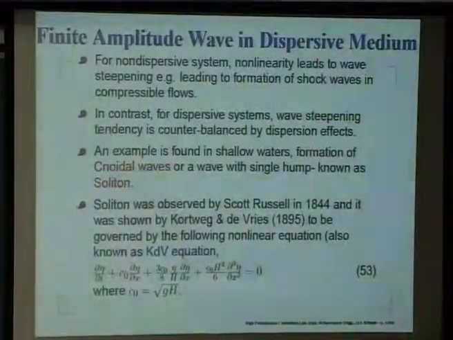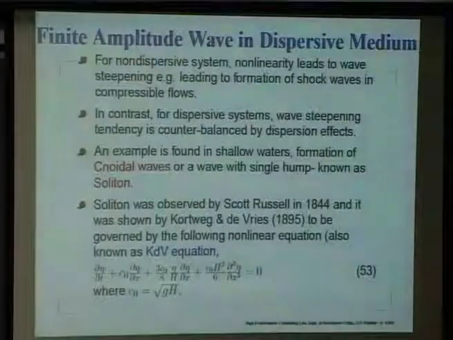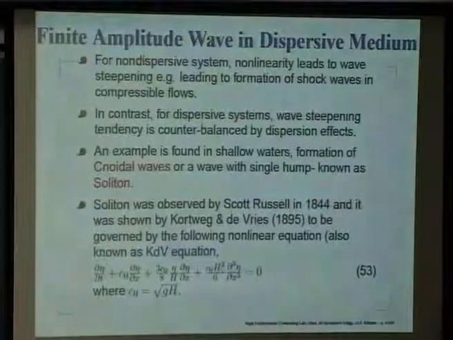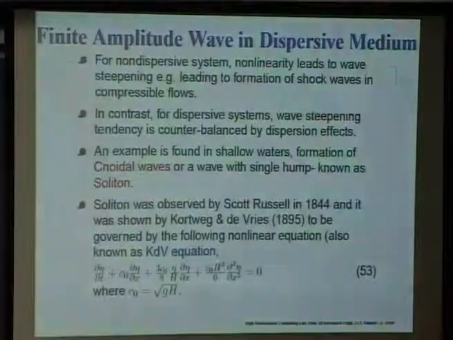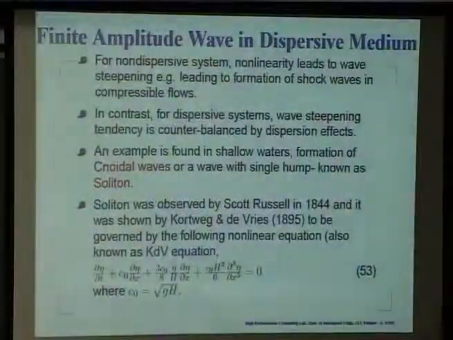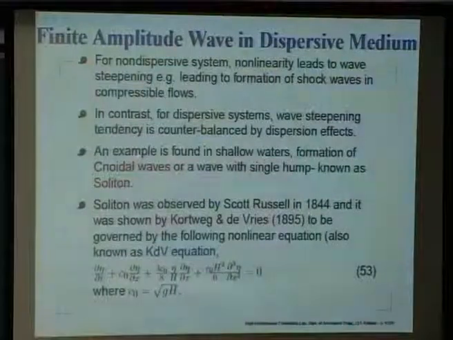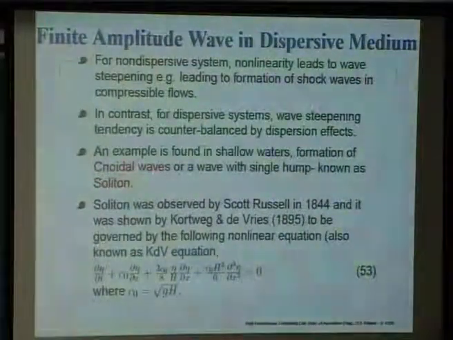Cnoidal waves are typical waves where the wavelength is maybe 5 or more times the depth, that is, lambda is greater than 5h. So, that is one kind of waves where you see that.